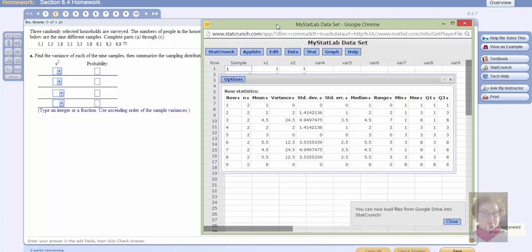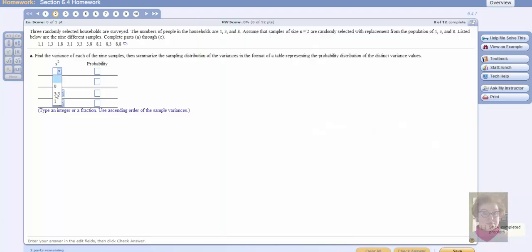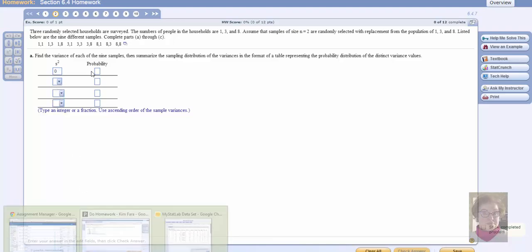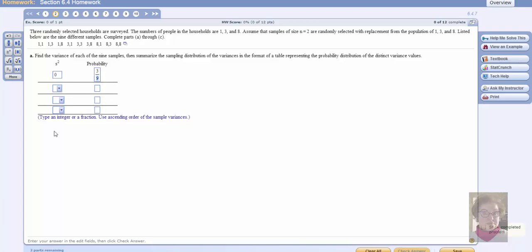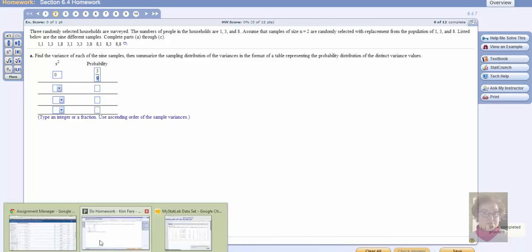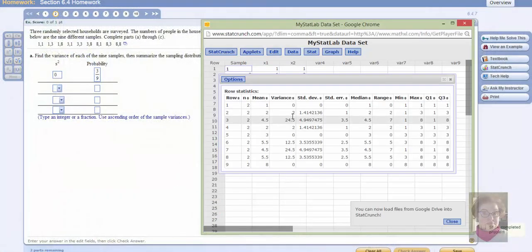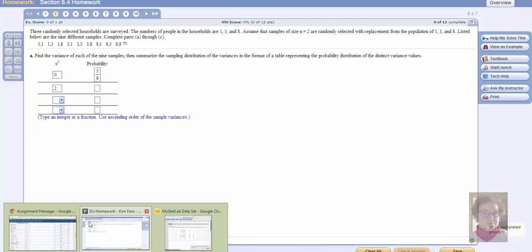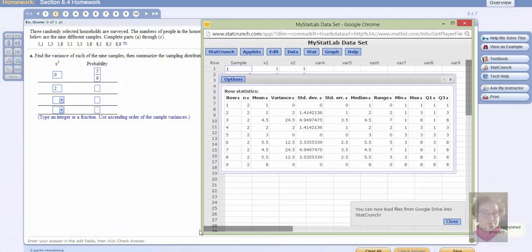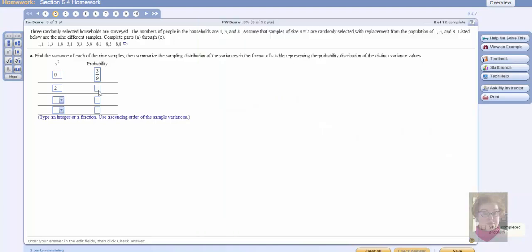Then it's going to ask you, so let's just go ahead and do it. I have 0, and it happened 3 out of 9 times, so that's my probability. The next one is 2, and that, I believe, happened 2 out of 9 times. Yep, so that probability is 2 ninths.